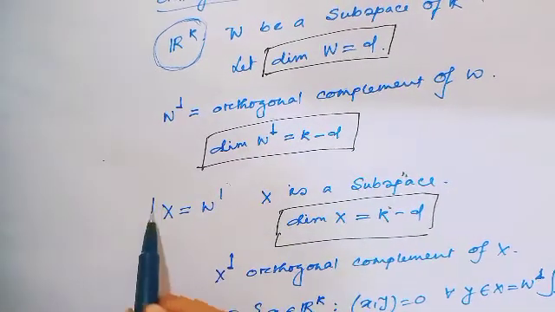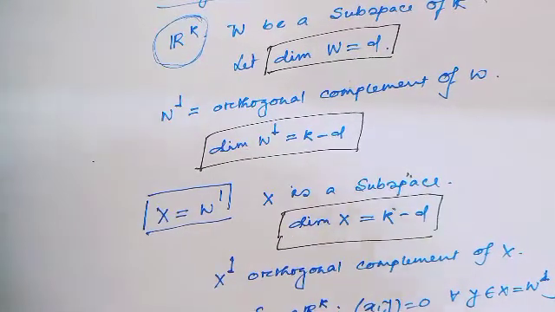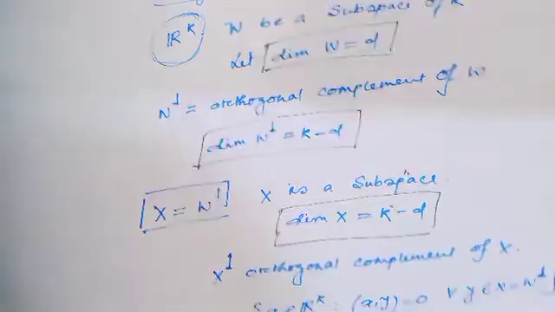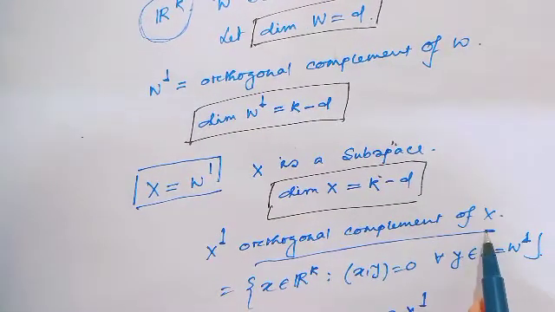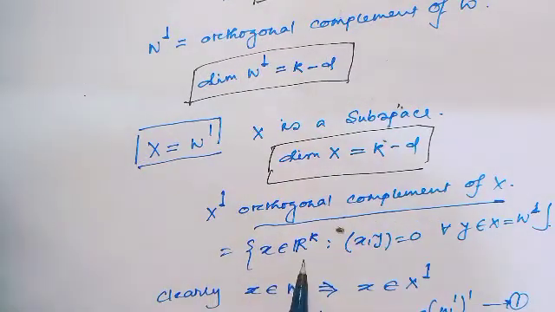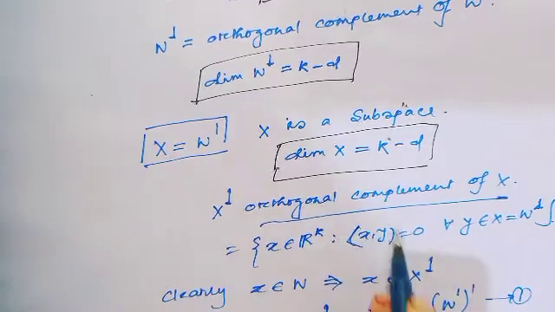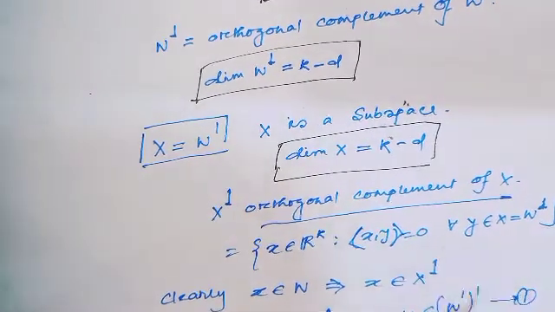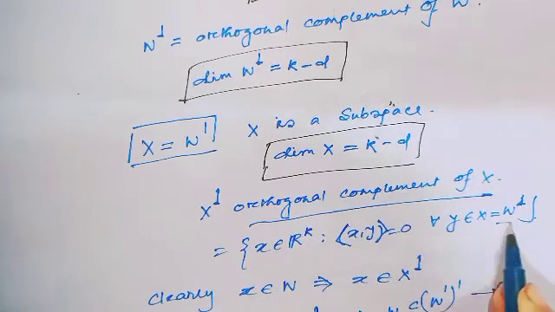Now here I have considered X equal to W perp. If we consider X perp, this is the orthogonal complement of the subspace X. By definition this is the set of those vectors in R^k such that the inner product of x with y equals 0 for all y belonging to X, where X equals W perp.